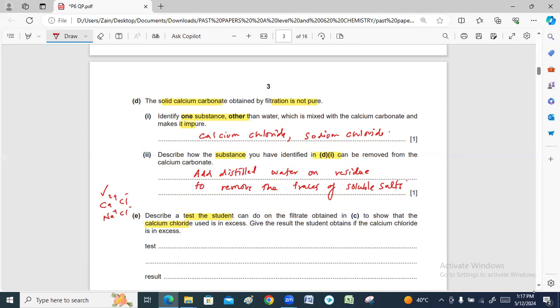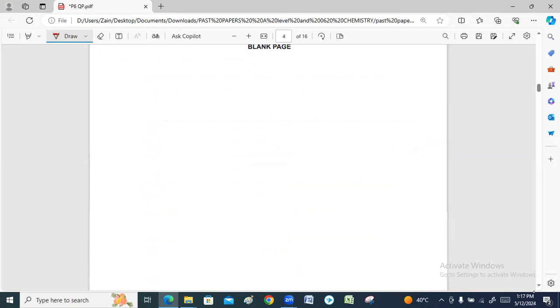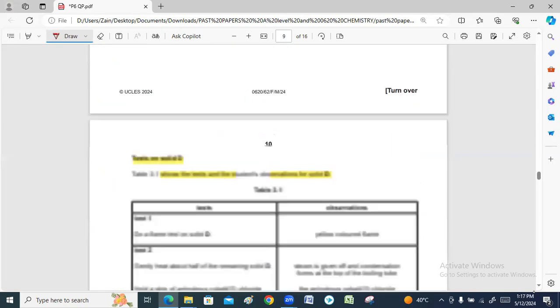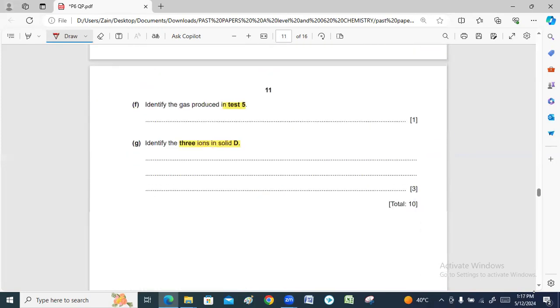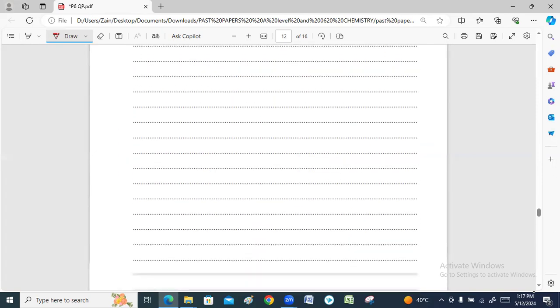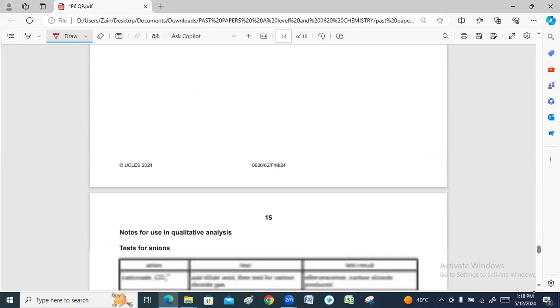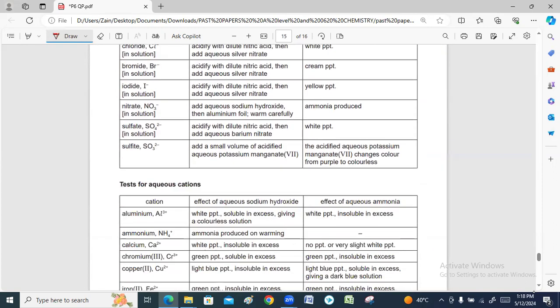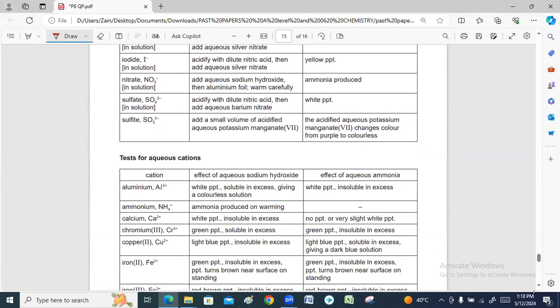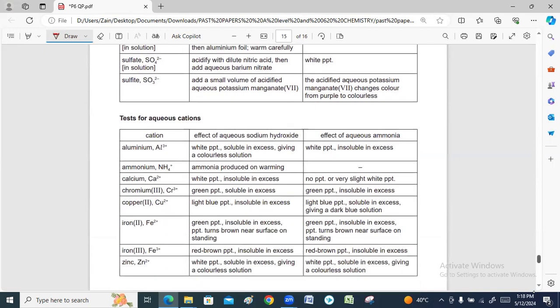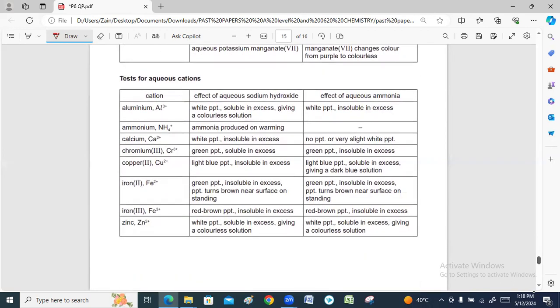The information is in this paper as well, on how we can do the test for calcium ion. You can use page 15. Here you can see the calcium ions.